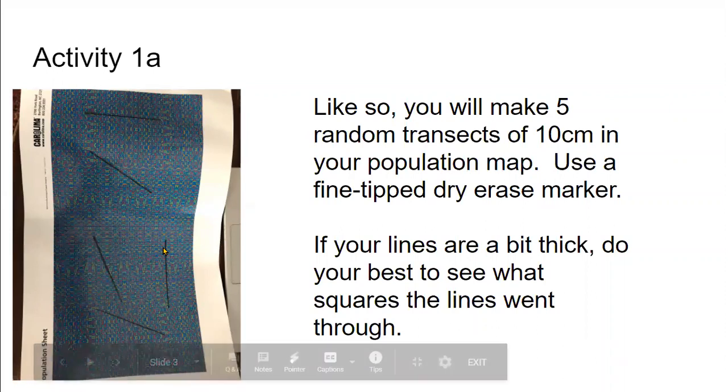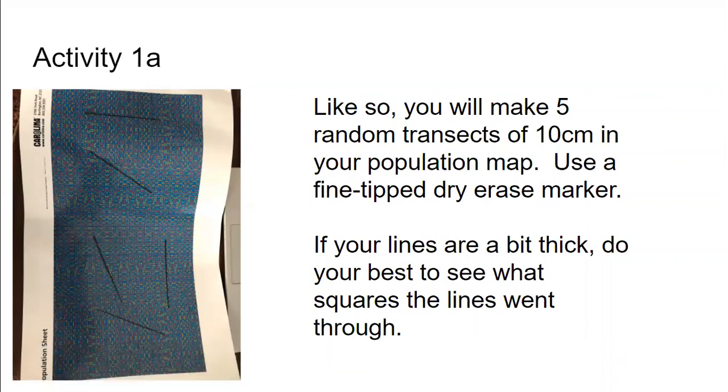I used a fine tip dry erase marker. I realize they're not available for everybody to use. Some of the expo markers that you can get have thicker tips on them. I used a fine tip one and I still made a pretty thick line. So you are going to have to do a little bit of guesswork when it comes to seeing what colored squares your lines actually went through.